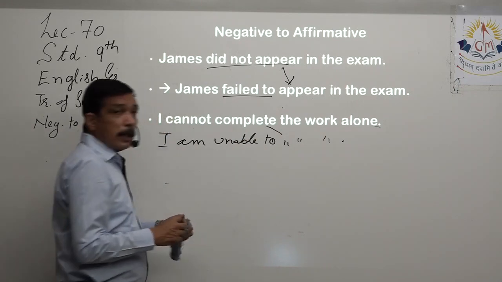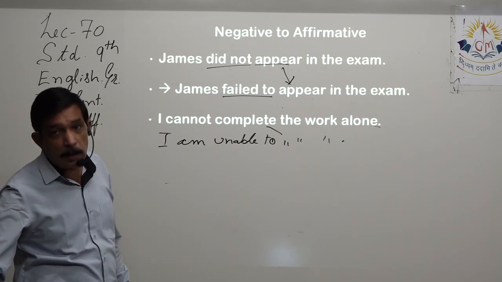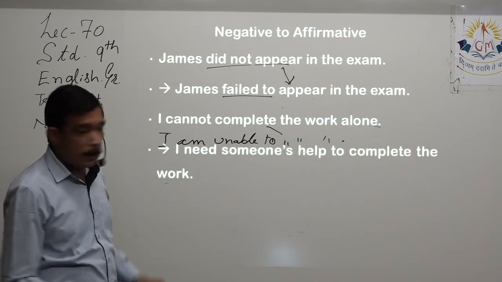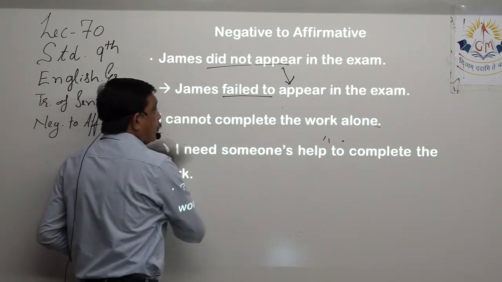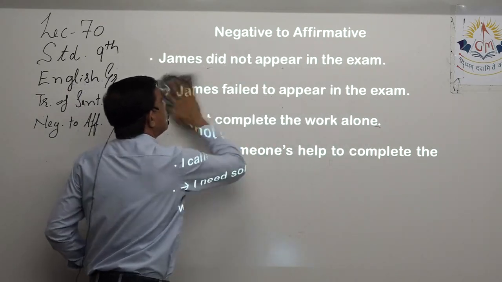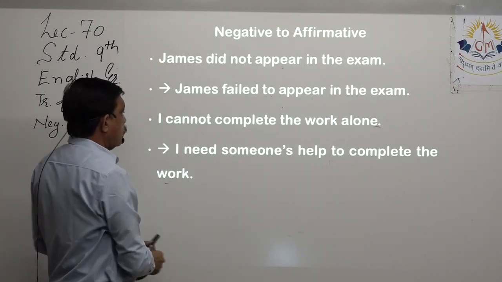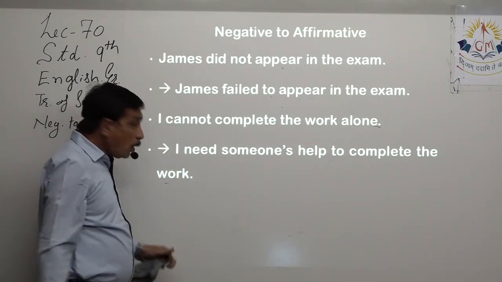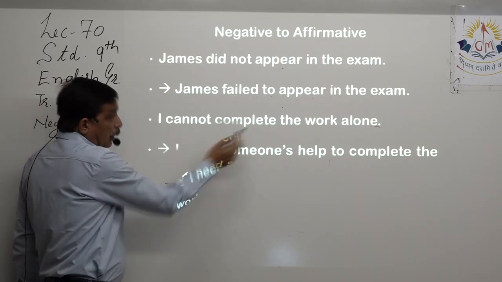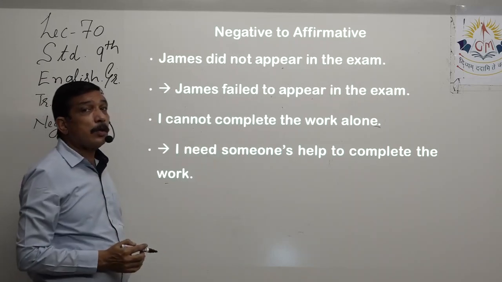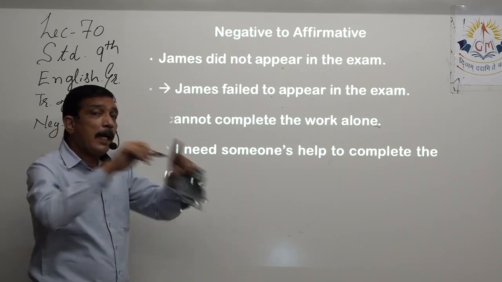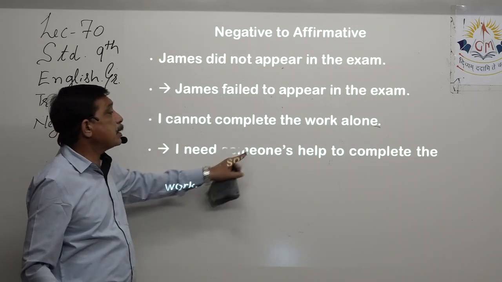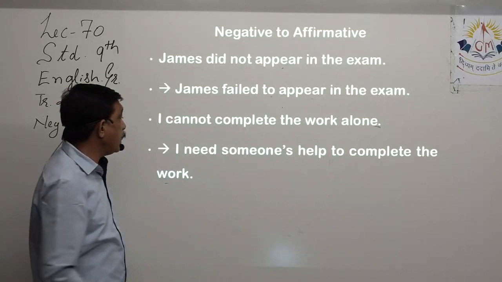That is also an answer, which I do not say is wrong. But more appropriate would be, if it is alone, that means I cannot do it alone, I need someone's help. So that is exactly what comes to mind, and that is what we are writing. I need someone else's help to complete the work.